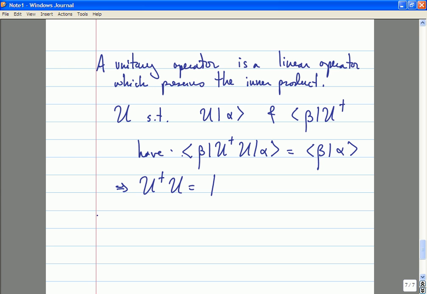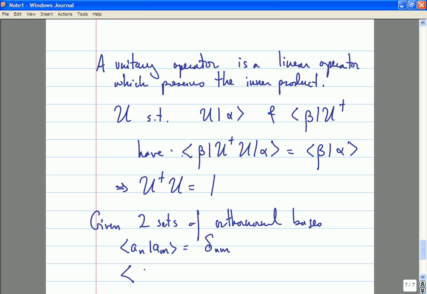So in particular, and this is a fact which we could prove if you like, given two sets of orthonormal bases, let's call them A's and B's, you could, for example, have the A's be the basis of eigenstates of some observable, and the B's be a basis of eigenstates of a different observable.